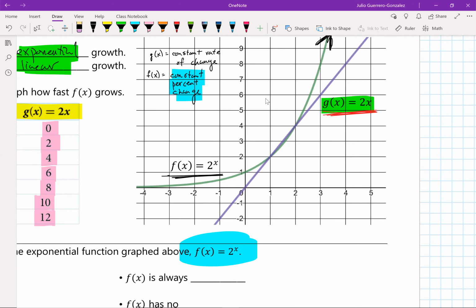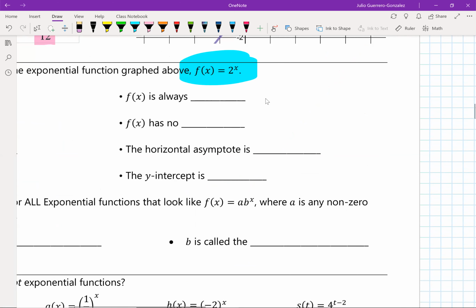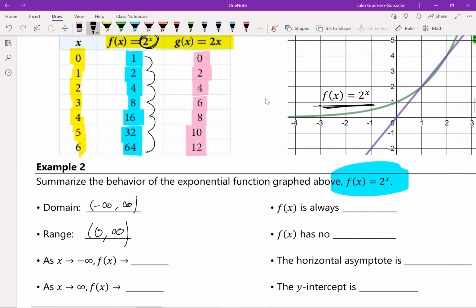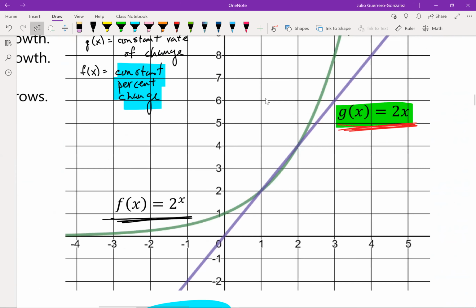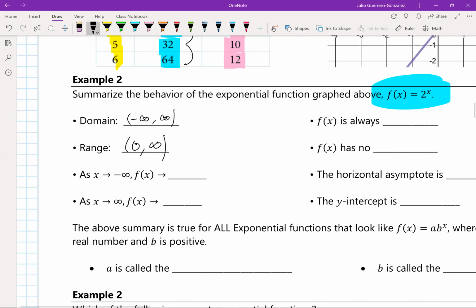So we have our range. As f of x goes to negative infinity, what y values am I getting closer to? 0. So notice it's getting smaller and smaller, but it's never going to cross that 0 axis.